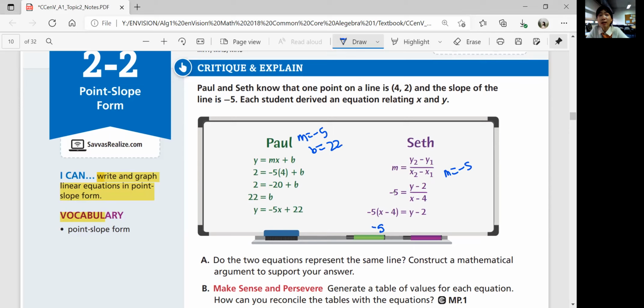So you can set x equal to 0 and see if they have the same y-intercept. Or you can graph both lines to compare them. But that's 20 plus 2. And yes, that's 22. Is that the same? Yes, they have the same y-intercept. They have the same slope. Thus, they should be the same equation.